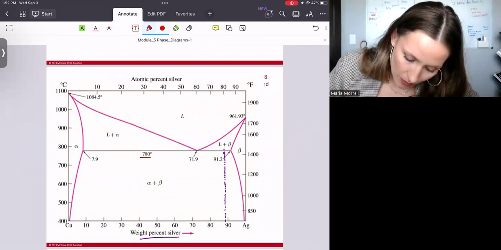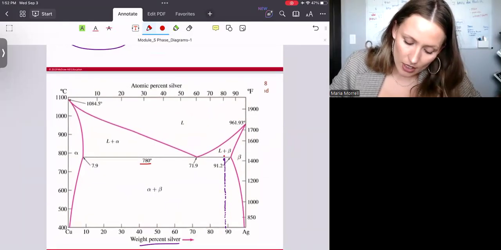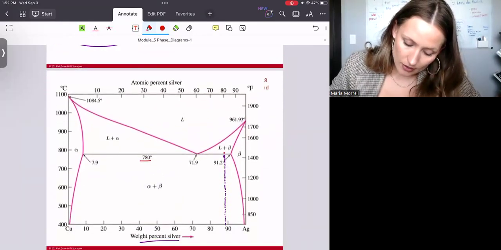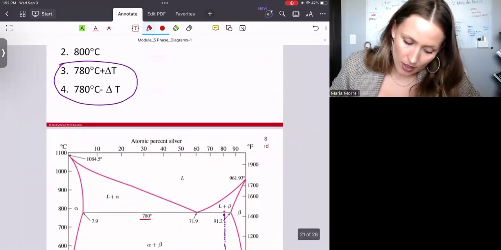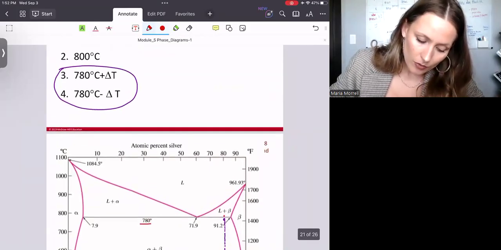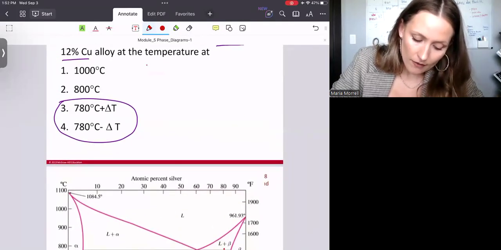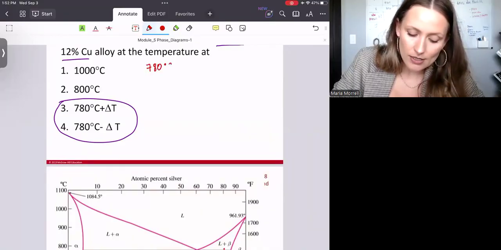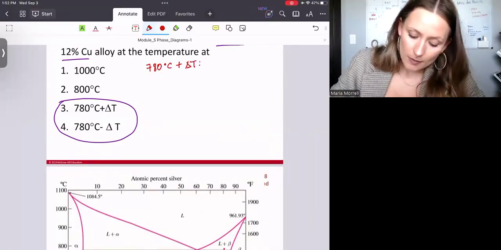So I'm going to be up here. Why don't I attempt the first problem, where I have 780 degrees C plus delta T.